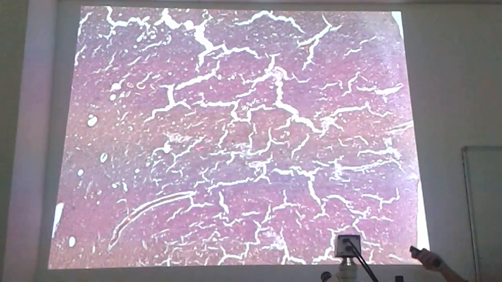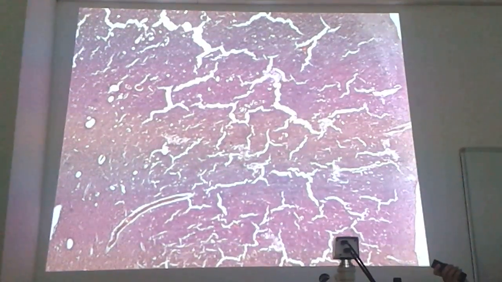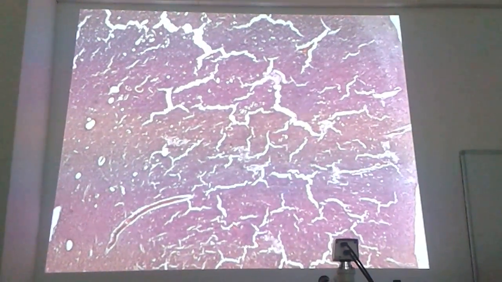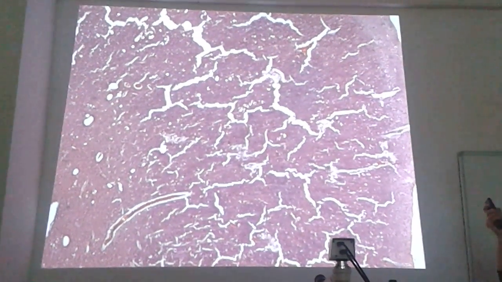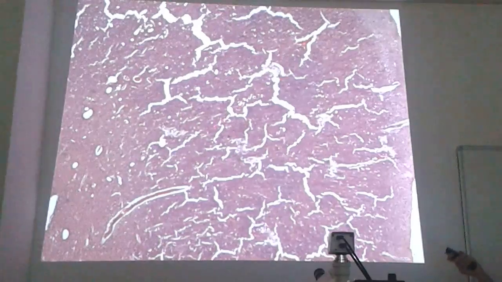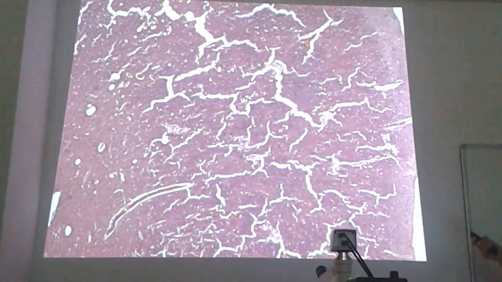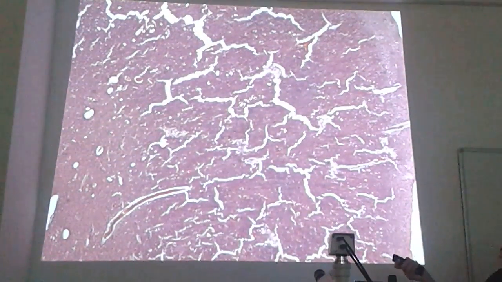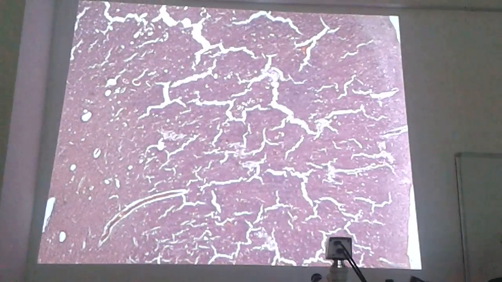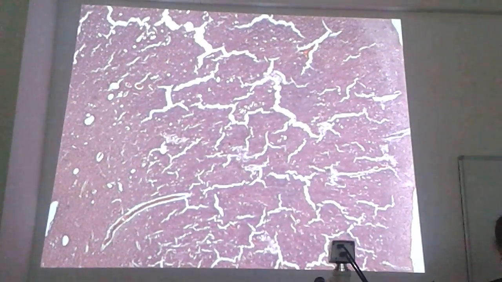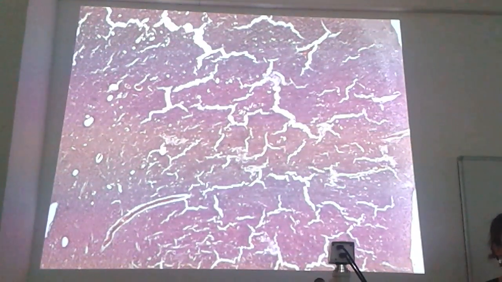As you have learned in your lectures, this gray matter can be subdivided into 6 layers, which are parallel to each other. All of these 6 layers are composed of neurons, dendrites, axons, and glial cells.